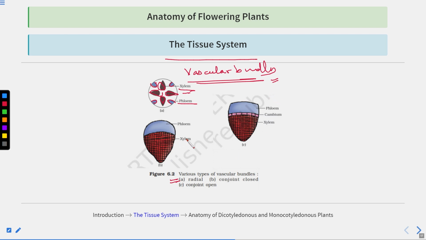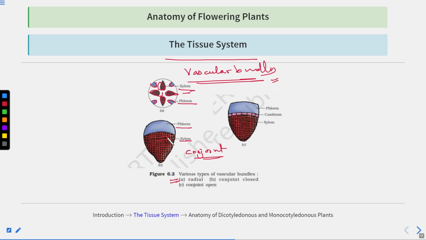Now on the basis of the presence of xylem and phloem: in the radial type they are present at different radii. Here, when they are present on the same radius, compact together, it is called the conjoint type. You can see the xylem here, and the upper portion is showing the phloem.